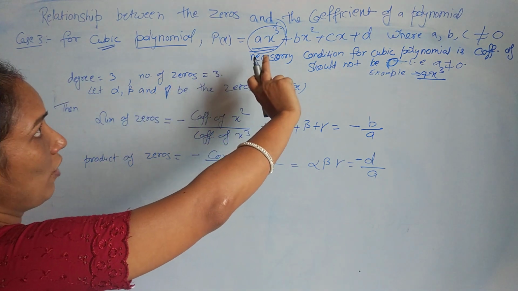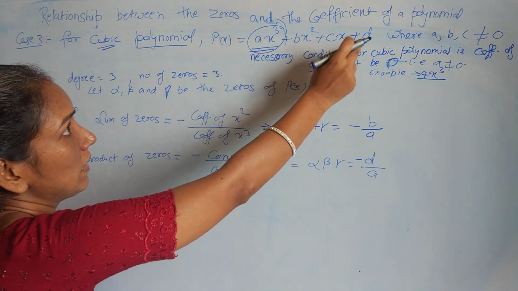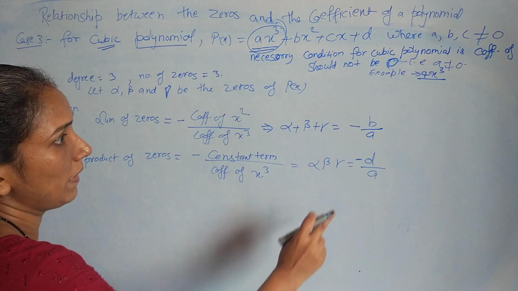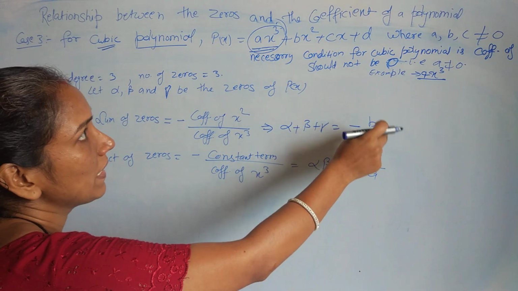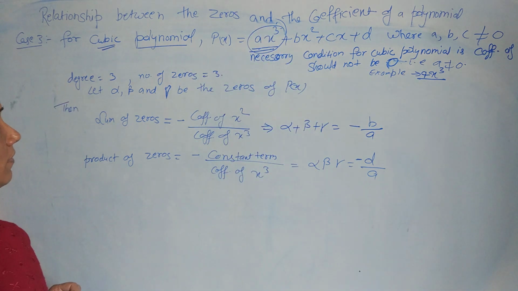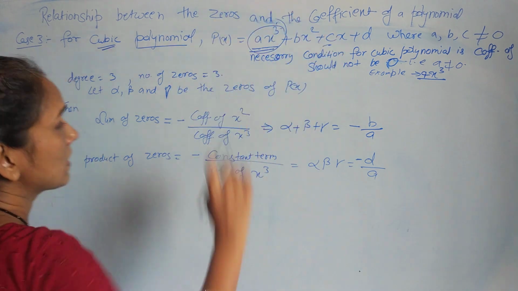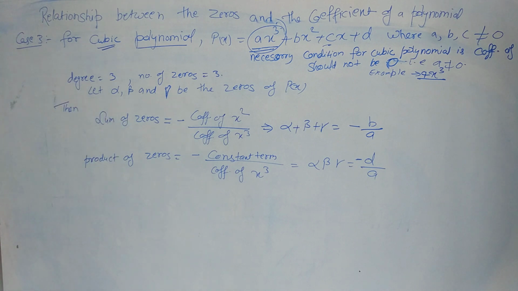Now we have found the relationship between d and a, alpha, beta, gamma, and b and a, alpha, beta, gamma. What we have not found out is c.